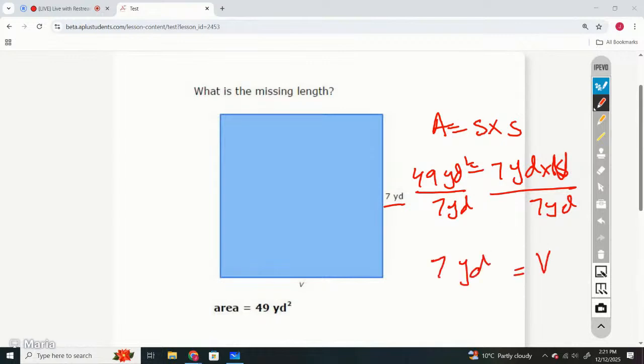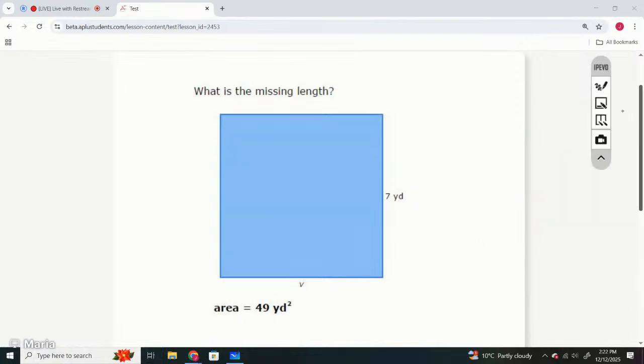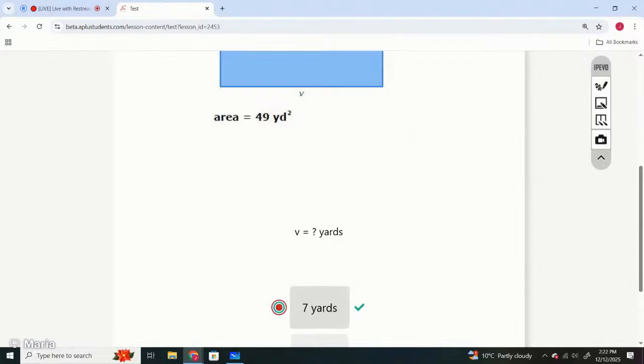So V is equal to 7 yards. Option number 1 is the correct option.